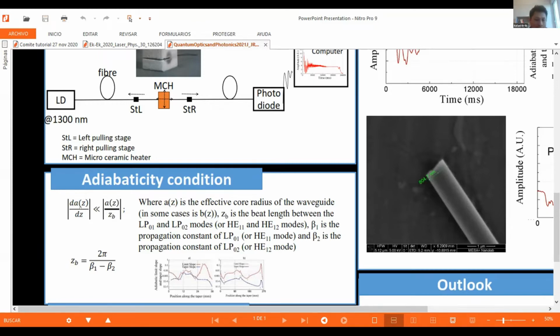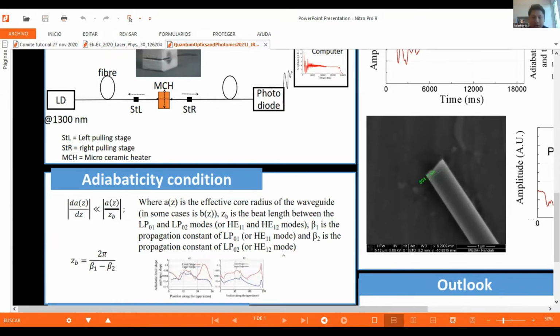So we use the radius along the taper and the propagation constants. And on the other side, we also use the radius with also the propagation constant.